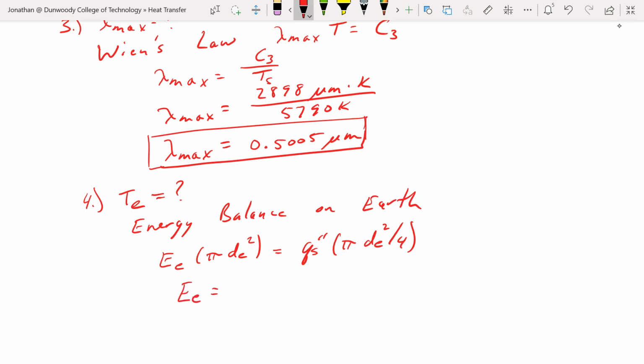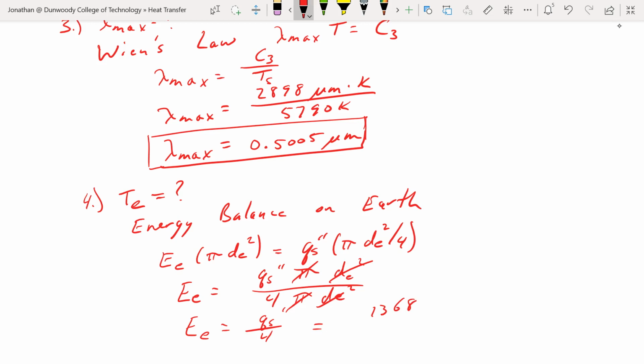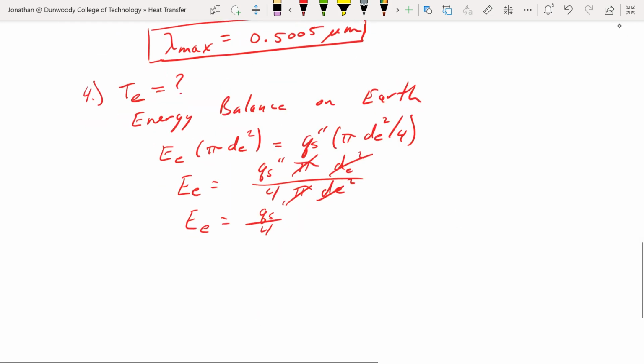So EE equals QS double prime pi dE squared over 4, kept that there, over pi dE squared. So these guys cancel each other out. Emissive power of the Earth is QS double prime over 4, 1368 over, I'll leave that there for the time being. So we'll fill in the numbers a little later. And then this is also equal by Stefan Boltzmann to sigma TE to the fourth.